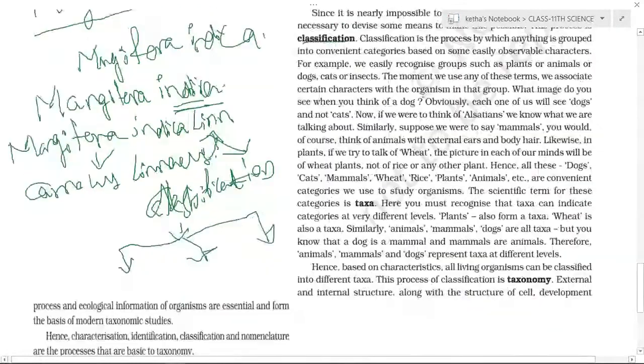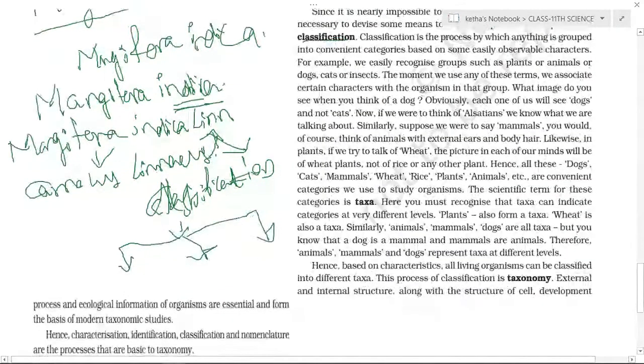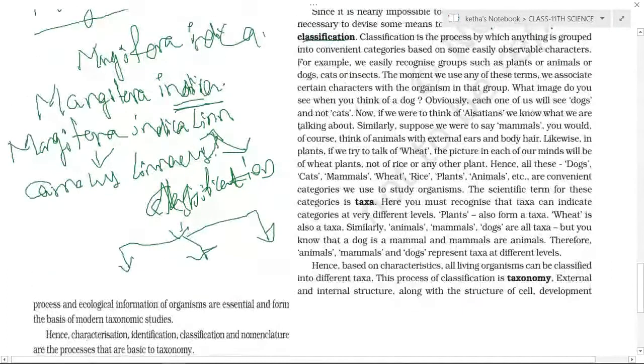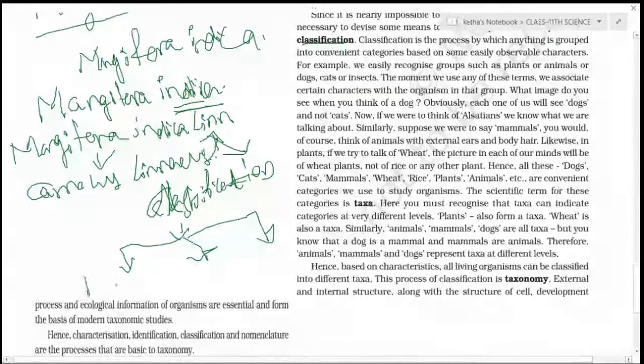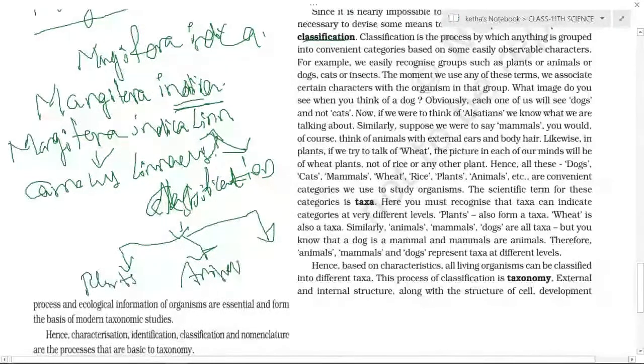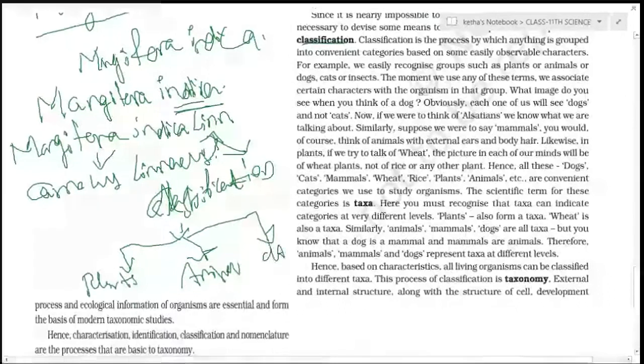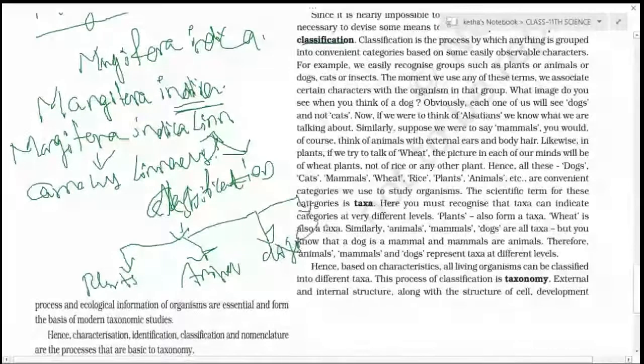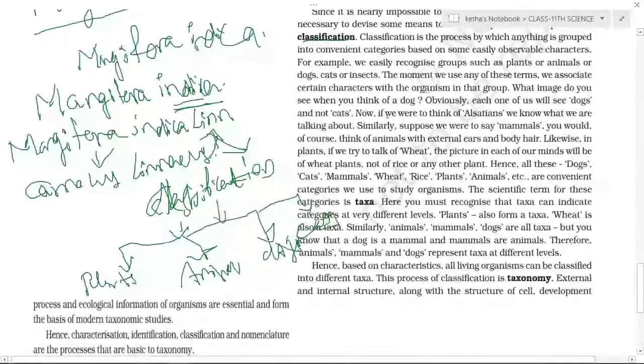For example, we easily recognize groups such as plants, animals, dogs, cats or insects. Likewise we can classify them separately. This we call classification.